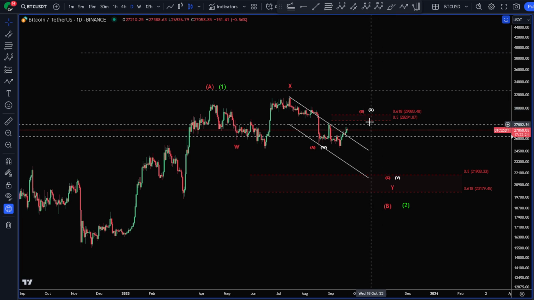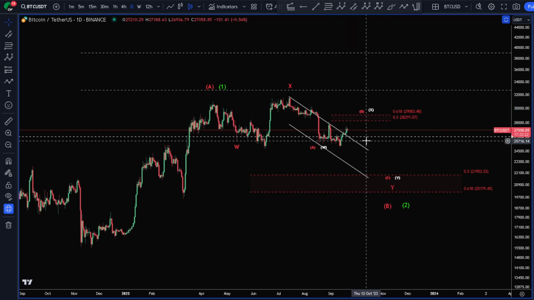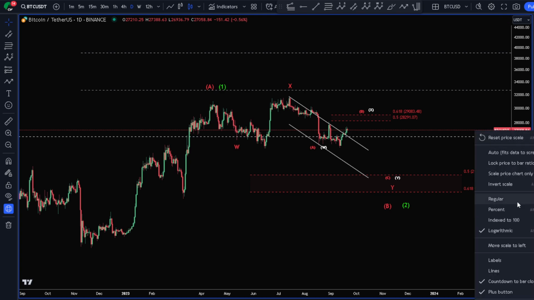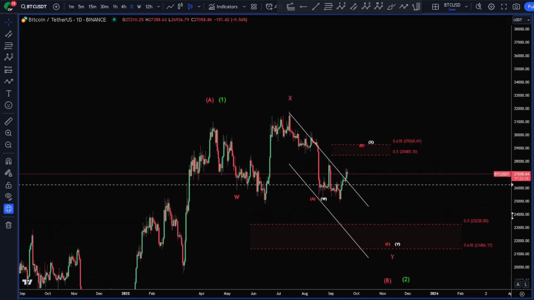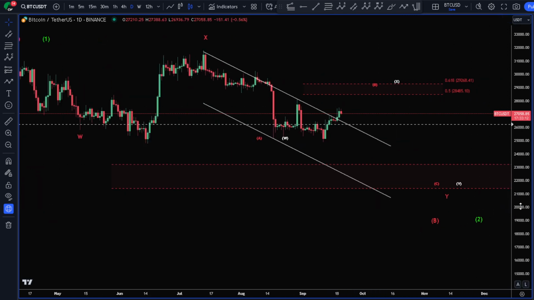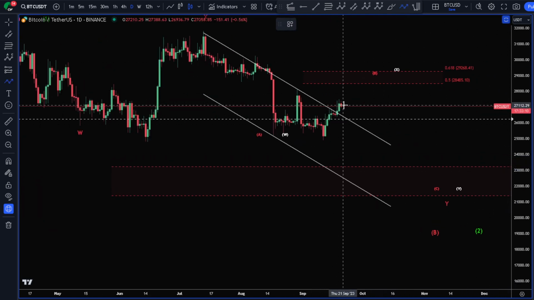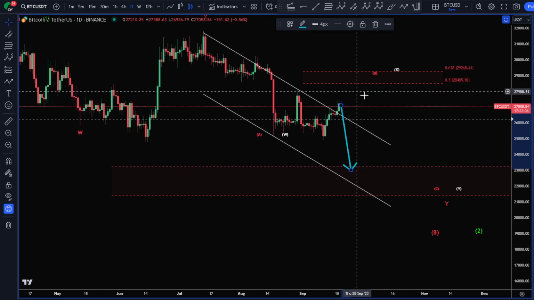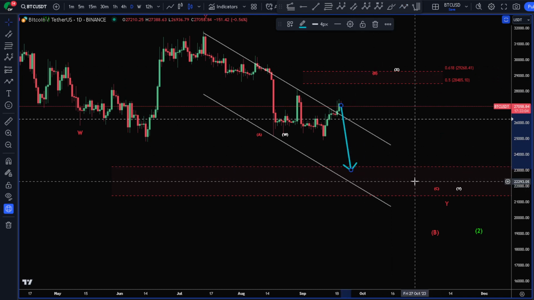So at the moment, if you watch my last video, I was considering, I believe it was on linear scale, the fact that this could dump, but I stayed in the long just in case we're coming up for this higher B wave or X wave.